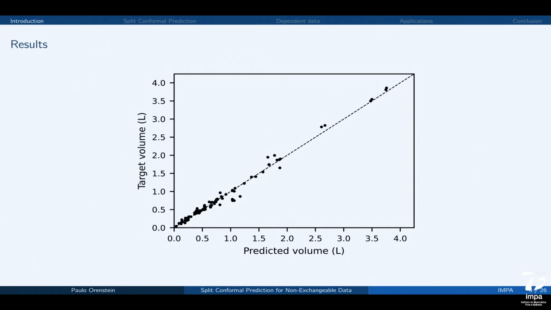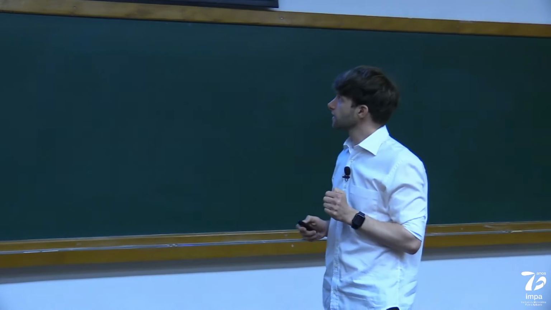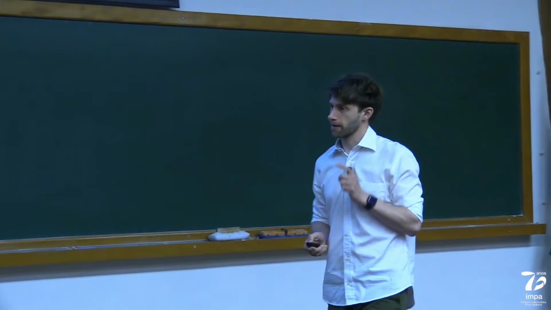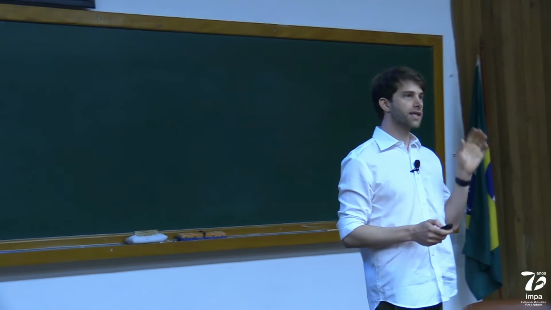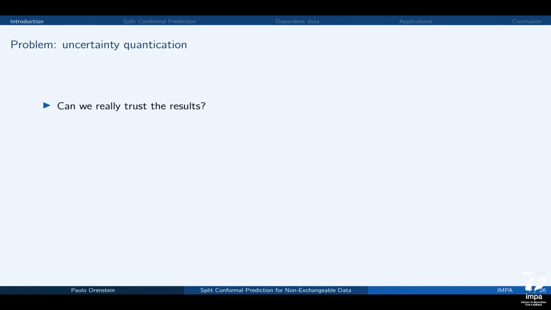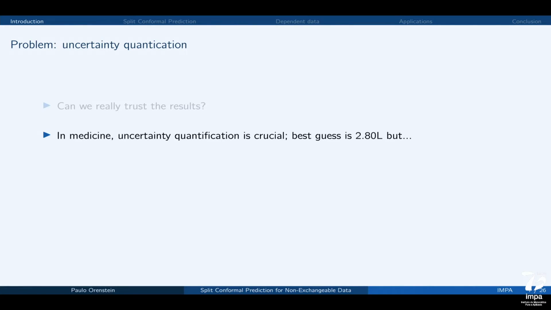But then the question is, can we really trust these results? Like, really? And there's a reason why I ask this, which is in medicine, quantifying the uncertainty is absolutely fundamental. In the following sense, well, there's a world of a difference if a doctor tells you that, well, my best guess is that you have 2.8 liters in your womb, which is good.